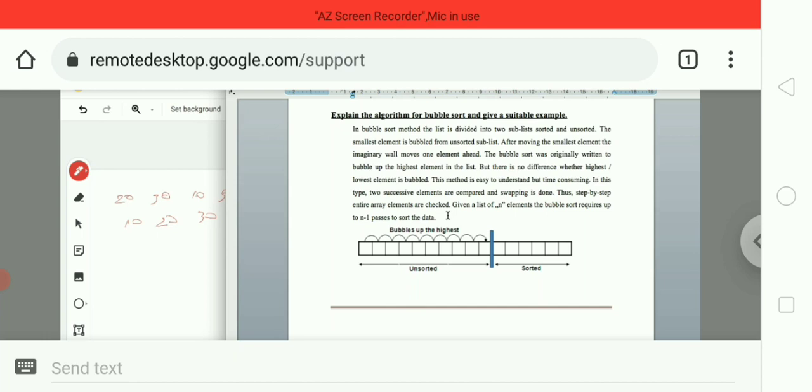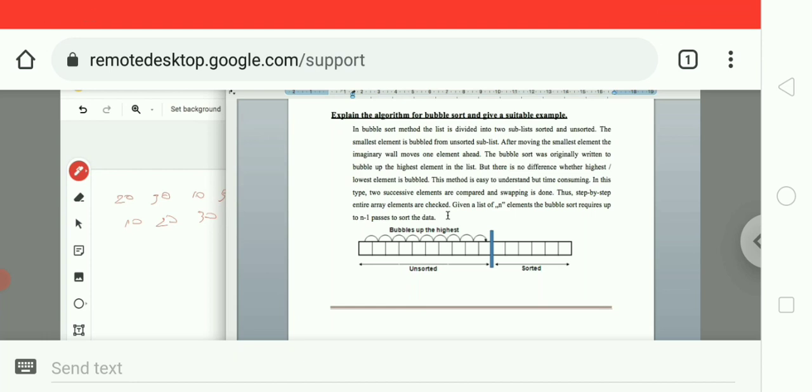In this type, two successive elements are compared and swapping is done. Thus step by step the entire array elements are checked. Given a list of n elements, bubble sort requires up to n-1 passes to sort the data.